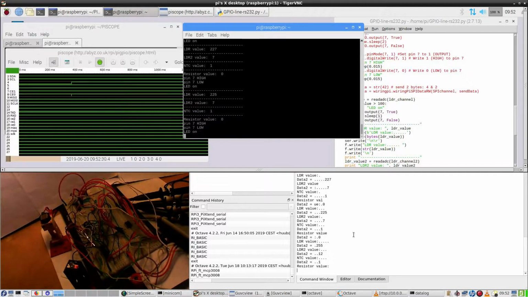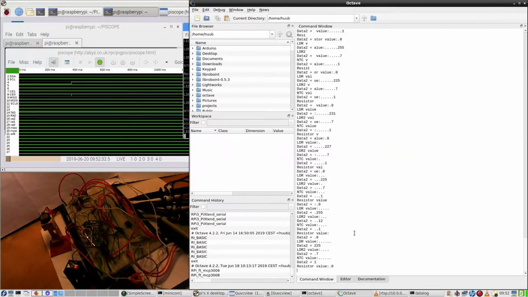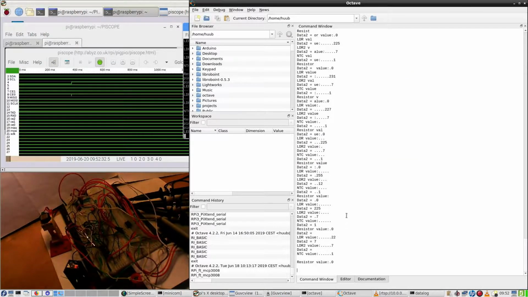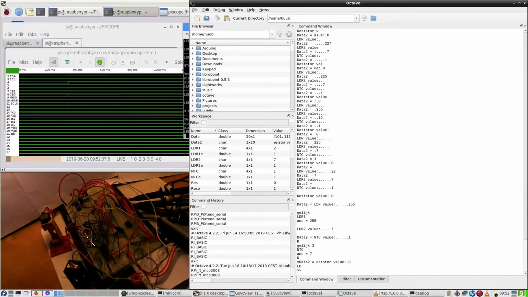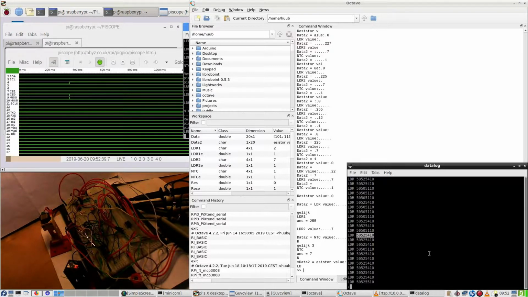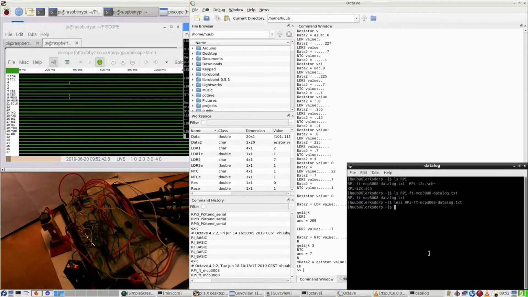Now I've also learned that I have to quit this algorithm to check on the data log files. So let's do that. And ls -l to see the date, which is today, so that is good.